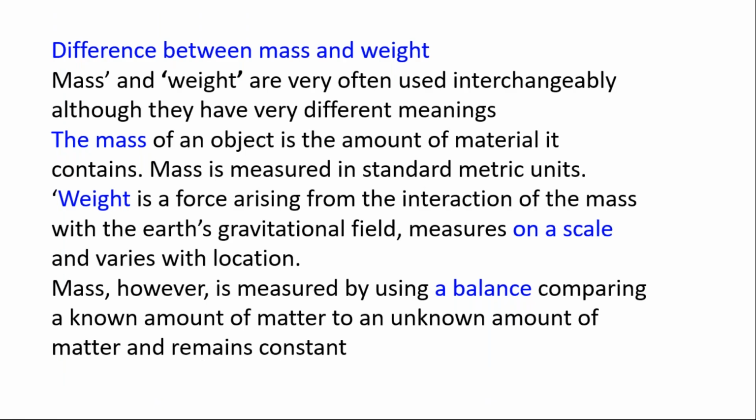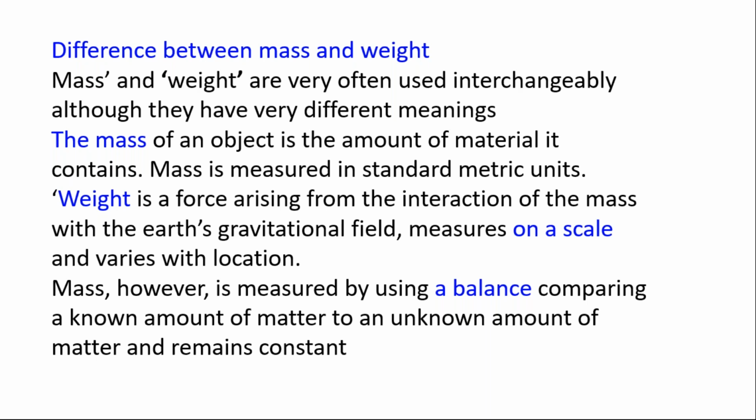The second point we need to understand is that when we talk of weighing any sample, you always say weight, but actually it is the mass of the sample. There is a difference between mass and weight, and very often we use them interchangeably, although they have different meanings. Mass of an object is the amount of material it contains, and it is measured in metric units with a balance.